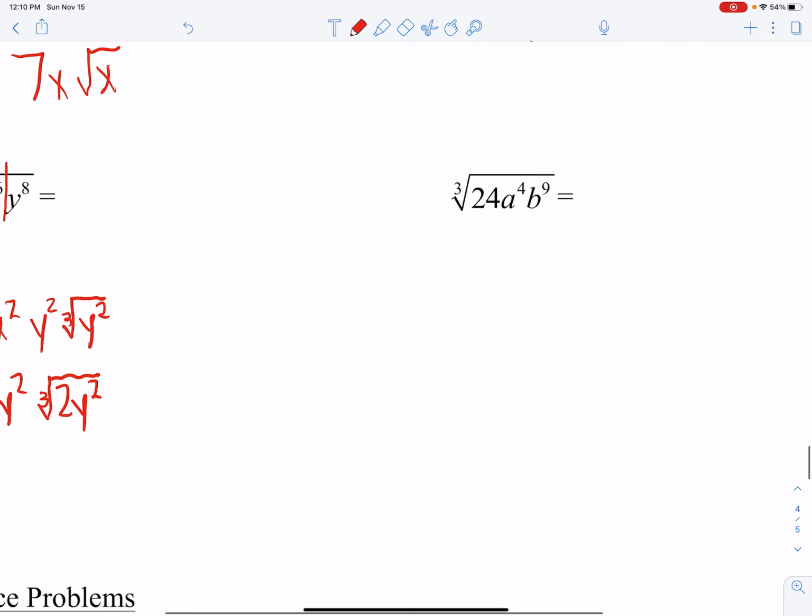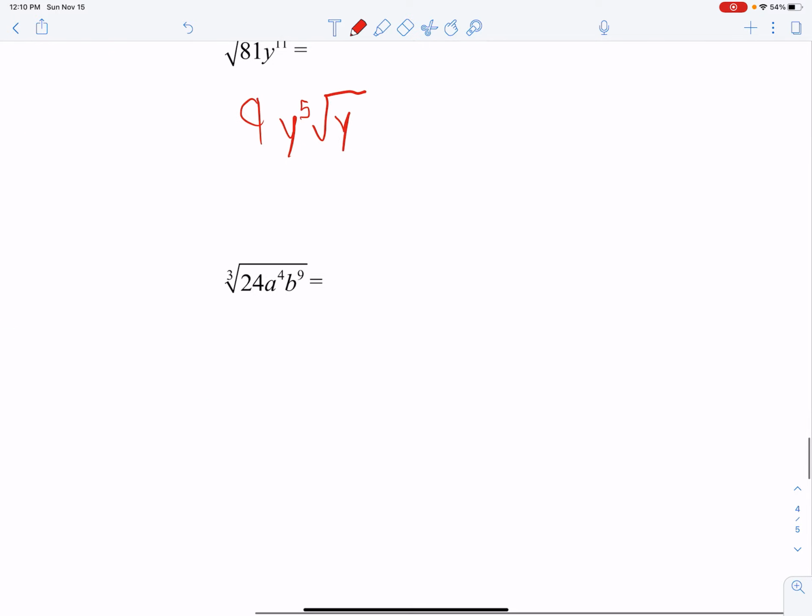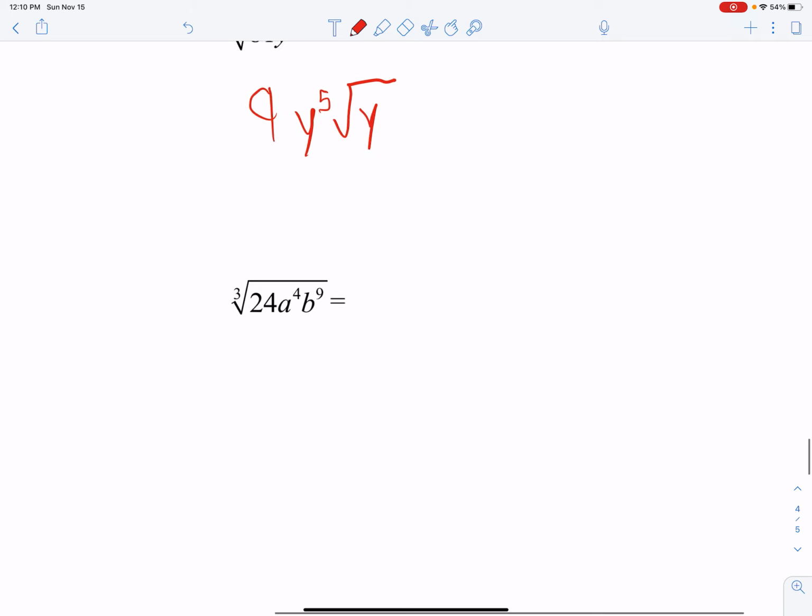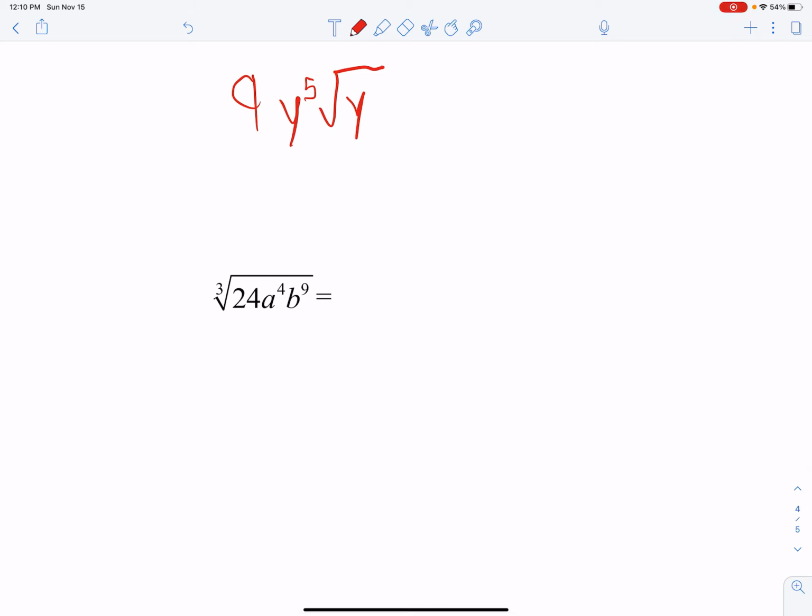Here we've got the cube root of 24a to the 4th b to the 9th. So for 24, we would split that up into 2 cube roots. And remember, with cube roots, you're usually looking to split it up with 8 or 27. In the case of 24, 8 goes into 24 3 times. And the cube root of 8 is 2, so we have 2 cube root of 3.